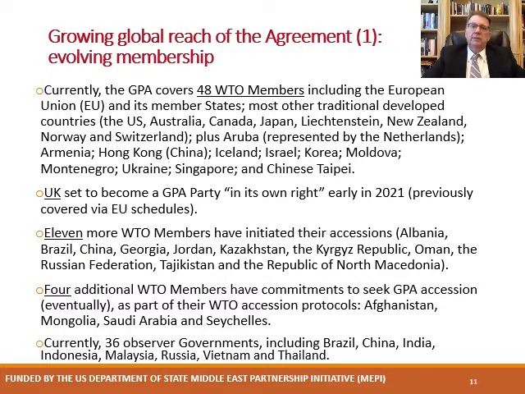So all these developments, I find very interesting. As I say, this agreement, which started out as a club of European and North American countries, is now gradually, slowly becoming a truly multilateral instrument.